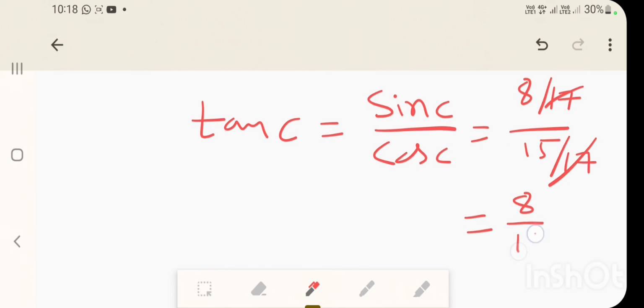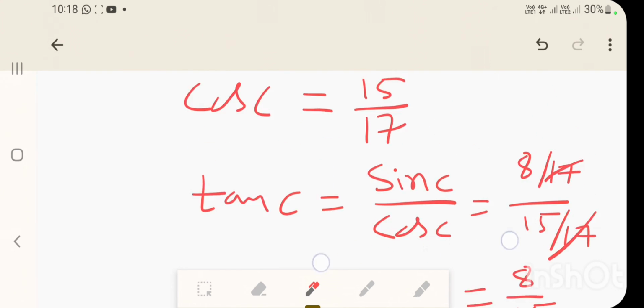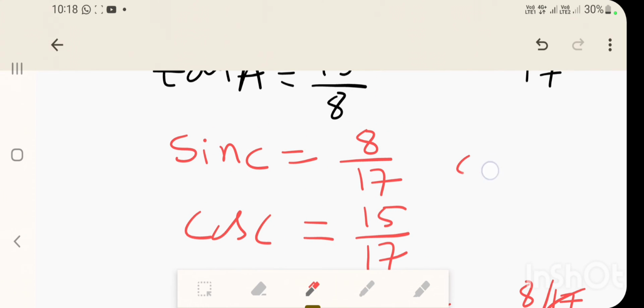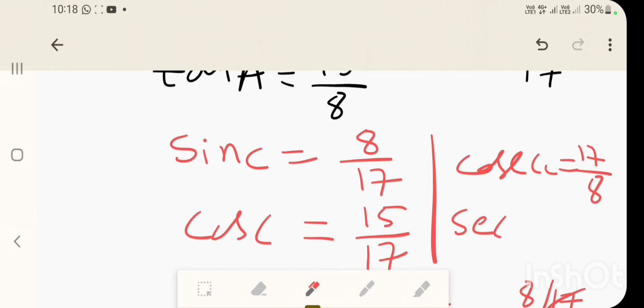We get 8 by 15. This is tan C. Cot C is 15 by 8. Cosecant C is 17 by 8. Similarly, secant C is 17 by 15.